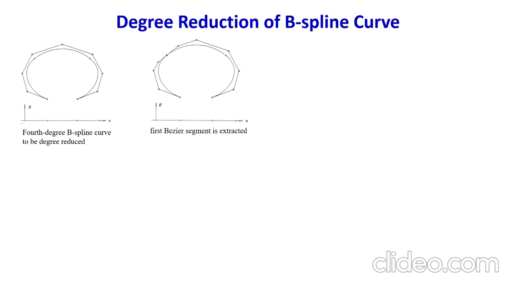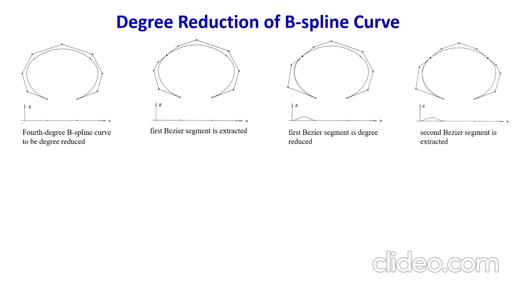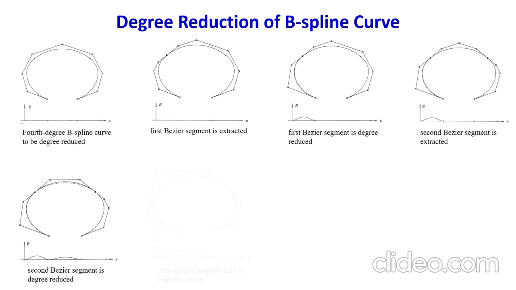Here is an example for degree reduction of a B-spline curve. This is the original curve with 9 control points. In the second step, the first Bezier segment is extracted, and the first Bezier segment is degree reduced. The second Bezier segment is extracted and it is degree reduced.